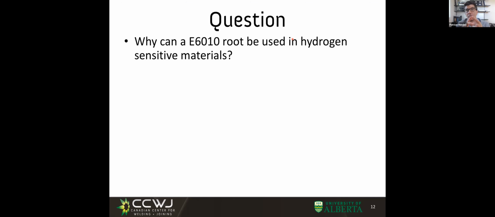I know why I want 6010, because it has high penetration, it can cut through all kinds of impurities. So there are many appealing things for 6010. But 6010 has hydrogen, and I'm welding a hydrogen sensitive material. How can it be? Why don't we use a low hydrogen electrode? How do we solve the problem of using a hydrogen generating electrode with hydrogen sensitive materials?